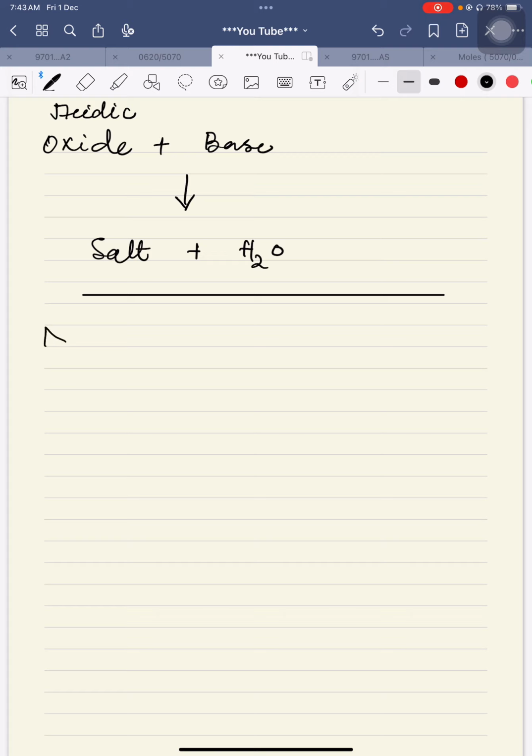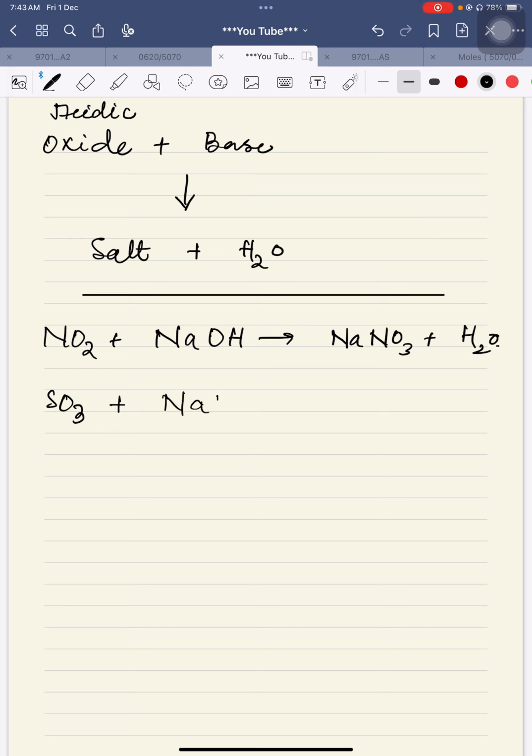Let's discuss NO2. For example, when NO2 reacts with NaOH, it makes NaNO3 along with water. Okay, then similarly SO3 combines with NaOH. We can take any other, for example KOH. KOH makes K2SO4 plus H2O.